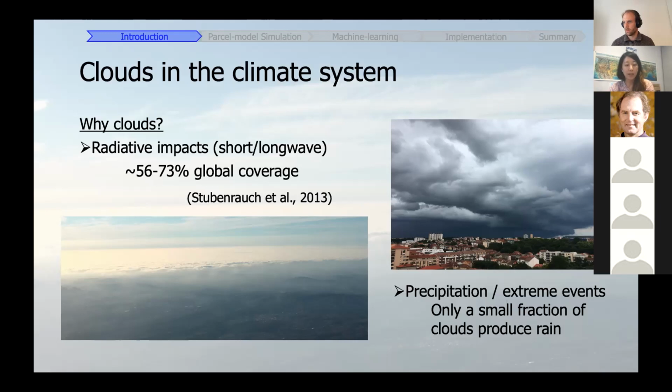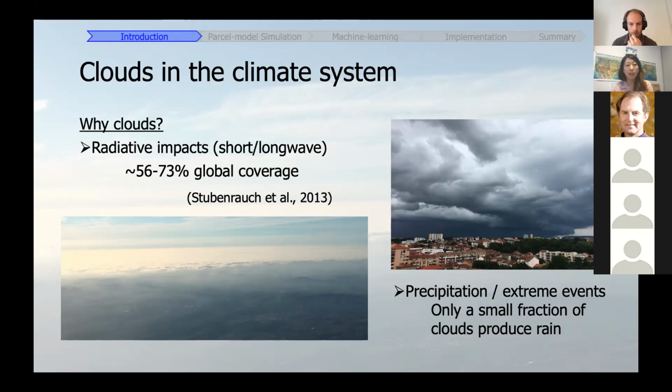So you can imagine a significant impact of clouds on the radiative balance at the surface and also at the top of the atmosphere, both in terms of shortwave and longwave radiation. Also, a very small fraction of clouds can actually precipitate. And once those clouds provide precipitation to the ground, that is an excellent way for the atmosphere to transfer energy from the lower troposphere to the upper troposphere.